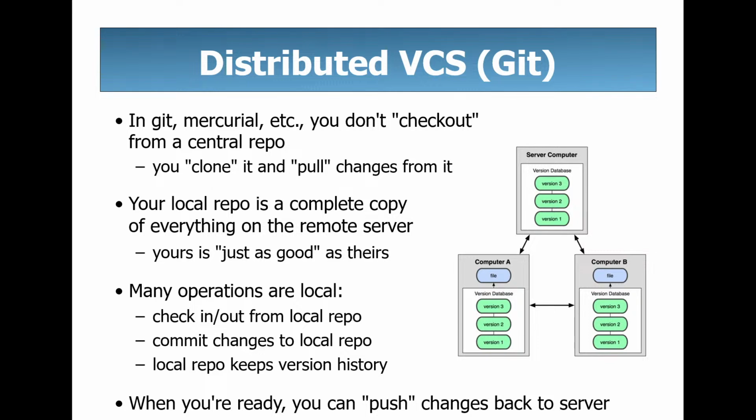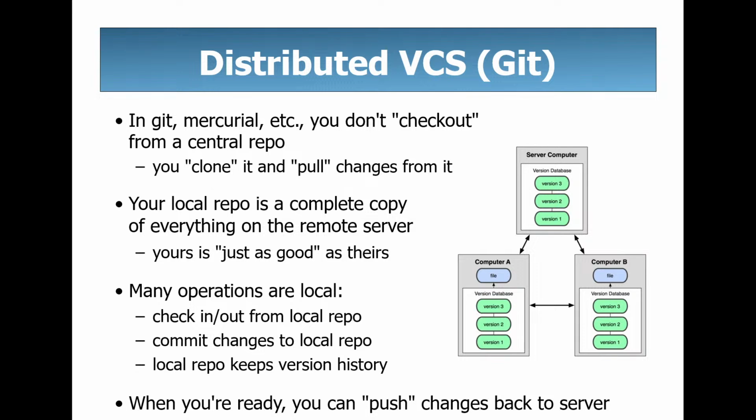Advantages of Git as a DVCS. Resilience. The distributed nature means there is no single point of failure. If one repository is lost or corrupted, the project can be recovered from any other clone. Second one, enhanced collaboration.